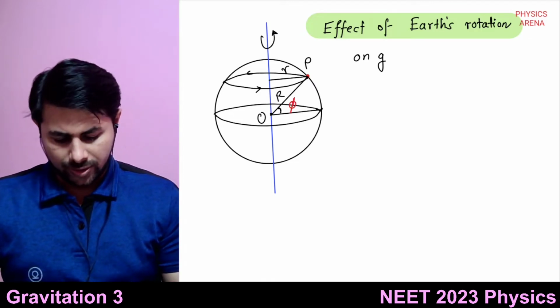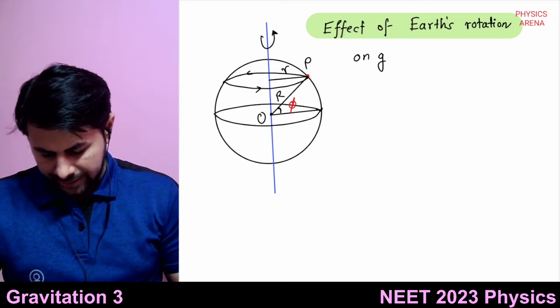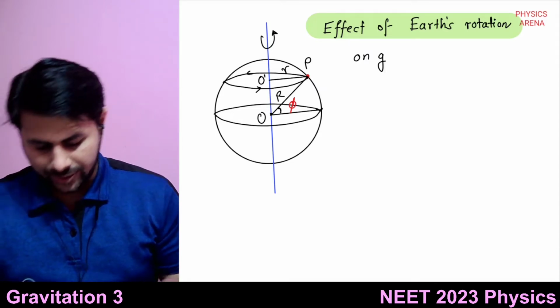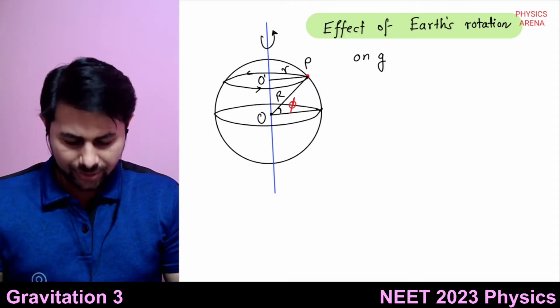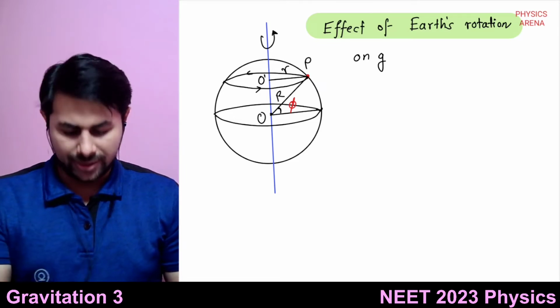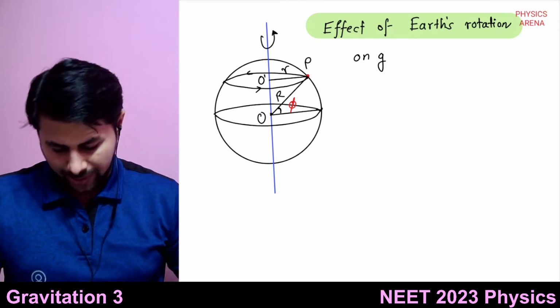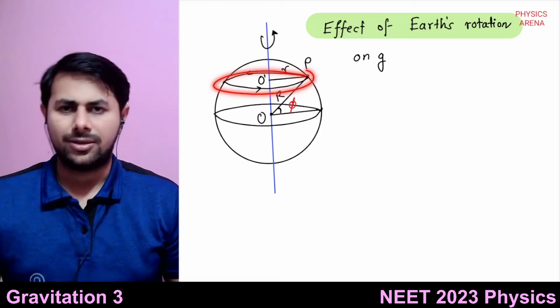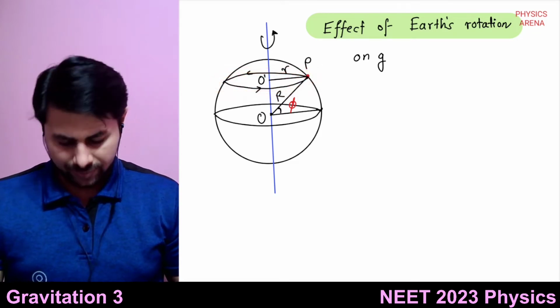Let's suppose this point is O dash. O dash is the center of revolution of this particle, which revolves in this circle.